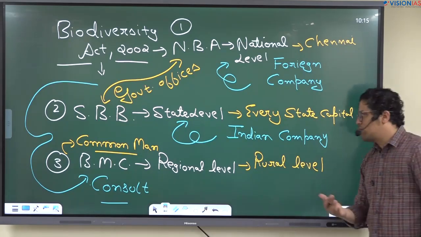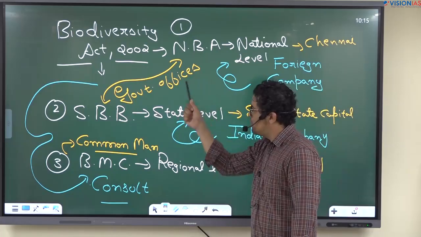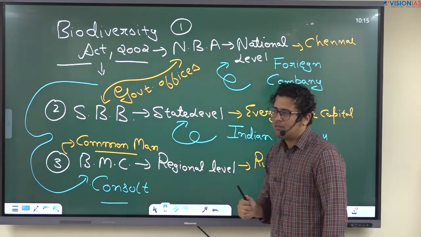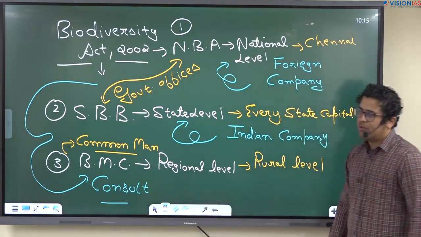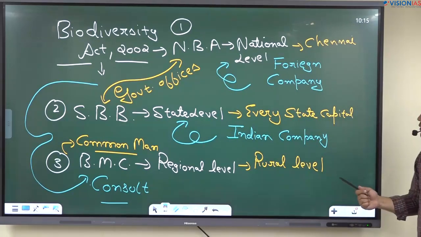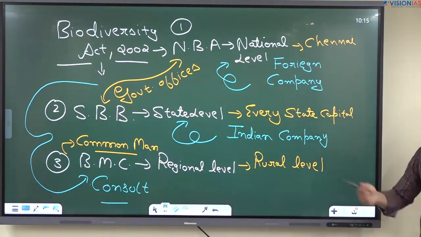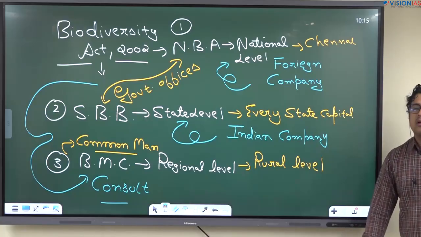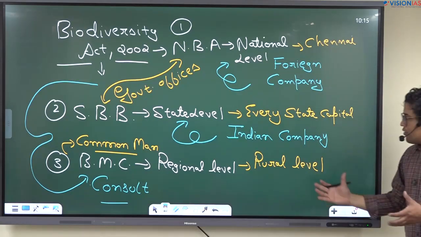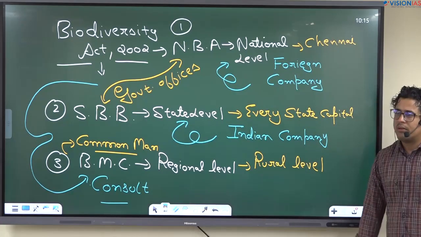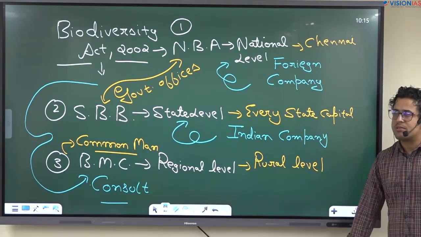Now the question is why your national level or state level organization has to consult the local level organization. Why is it needed? They can give permission directly. See, they have to consult with them because resources belong to people. They have the first right on the resources.